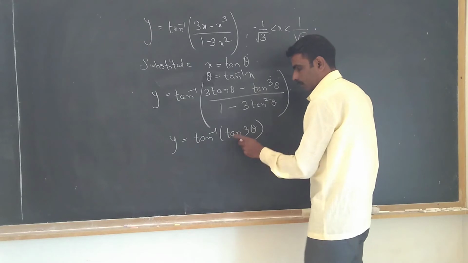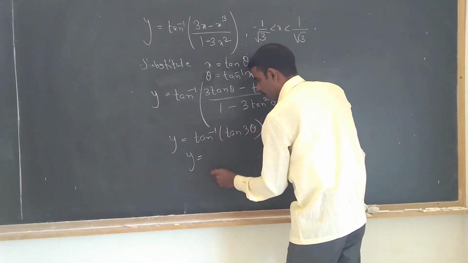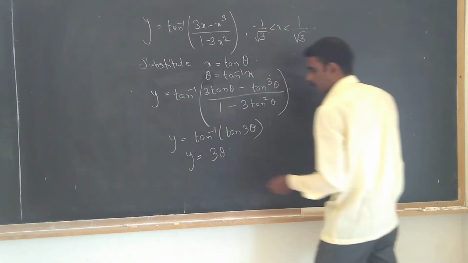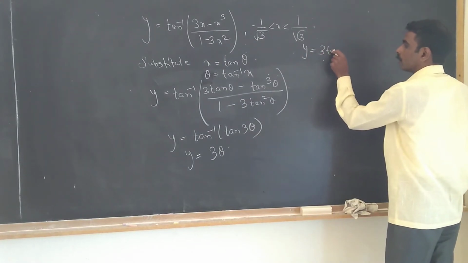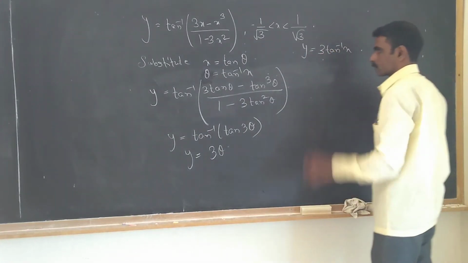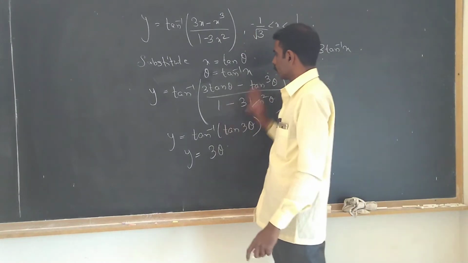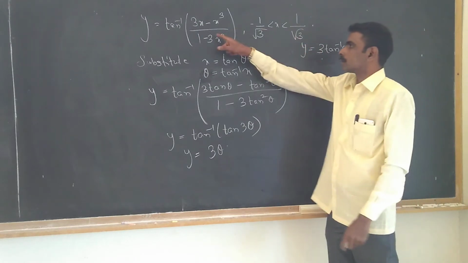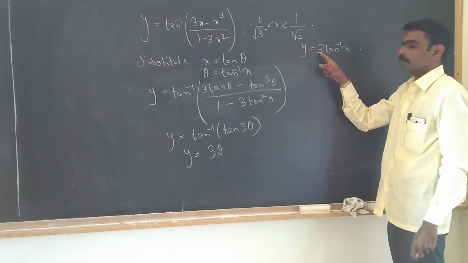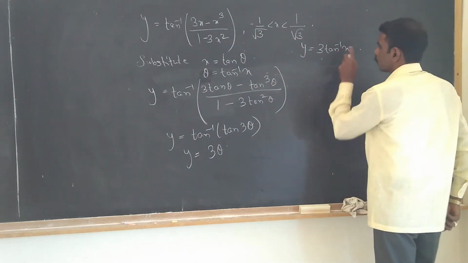Tan inverse of tan is theta only, so this is 3 theta. So y equals 3 into tan inverse of x. By substituting, we have reduced this to y equals 3 tan inverse of x.